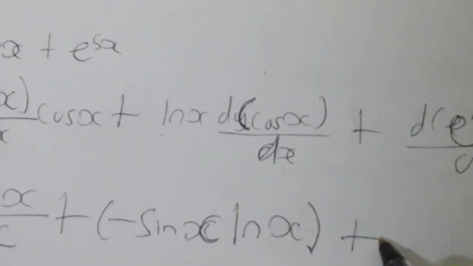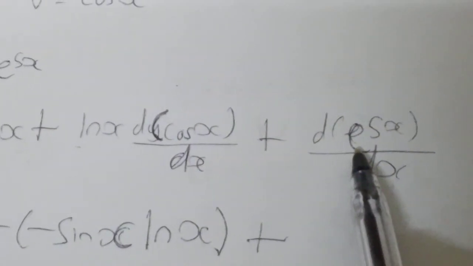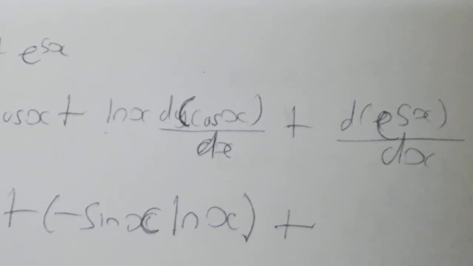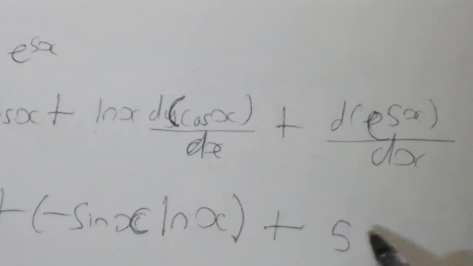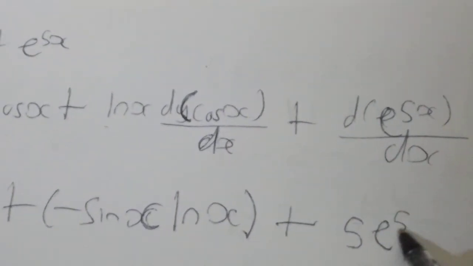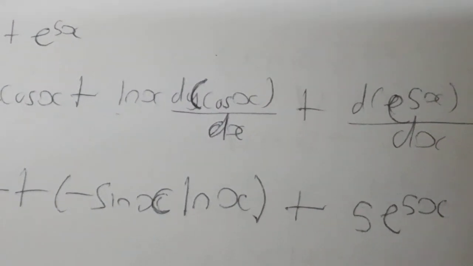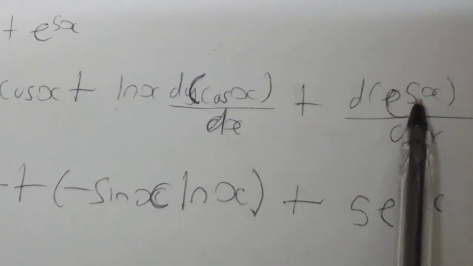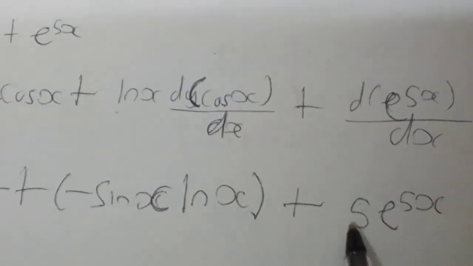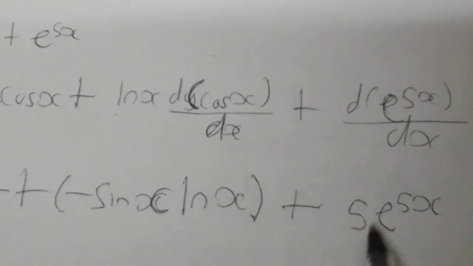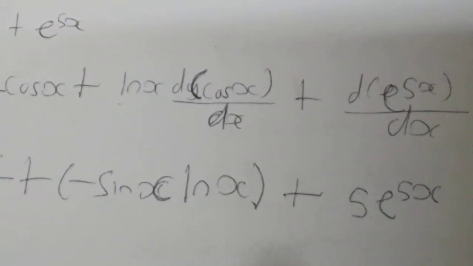Then plus the differentiation of e^5x is just 5e^5x. So for exponentials, you first differentiate the power. The power is 5x. The differentiation of 5x is simply 5, multiplied by the entire function itself. So we are done with this function.